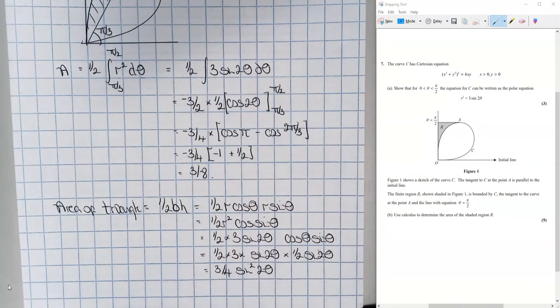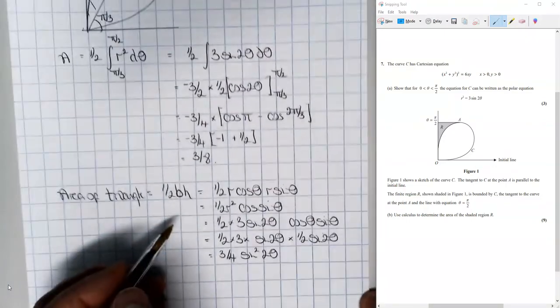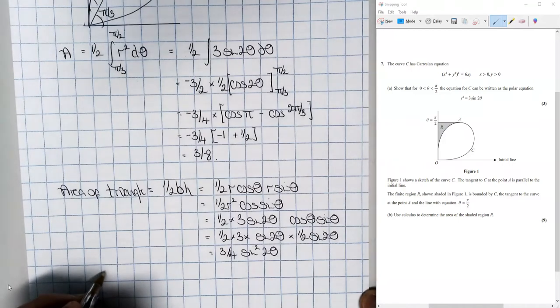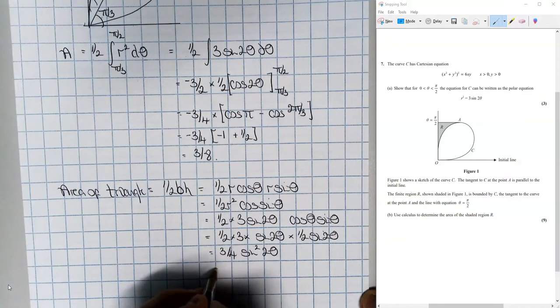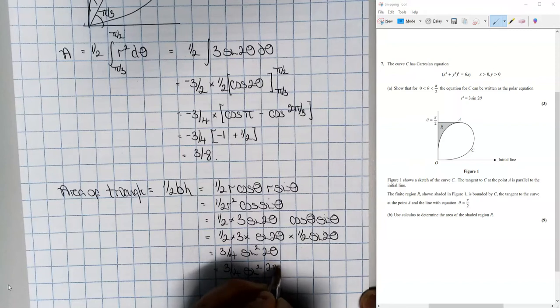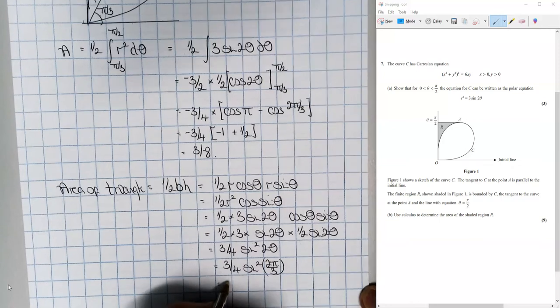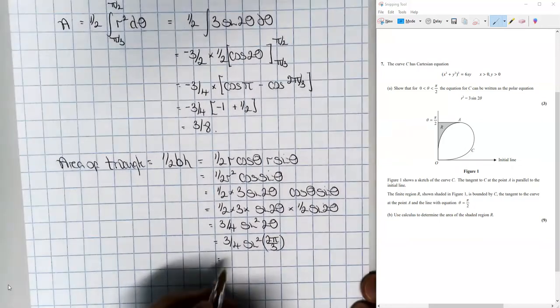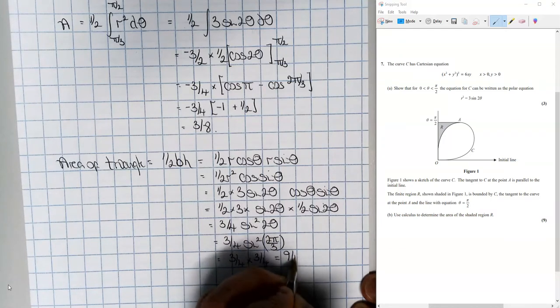2 theta. We know theta is pi by 3 in the diagram, so because here is the x, here is the y, this is the angle pi by 3, so we end up with 3/4 sin squared 2 pi by 3, because we're doubling the angle, which equals, do it on a calculator, but it's just 9/16, 3/4 times 3/4, which is 9/16.